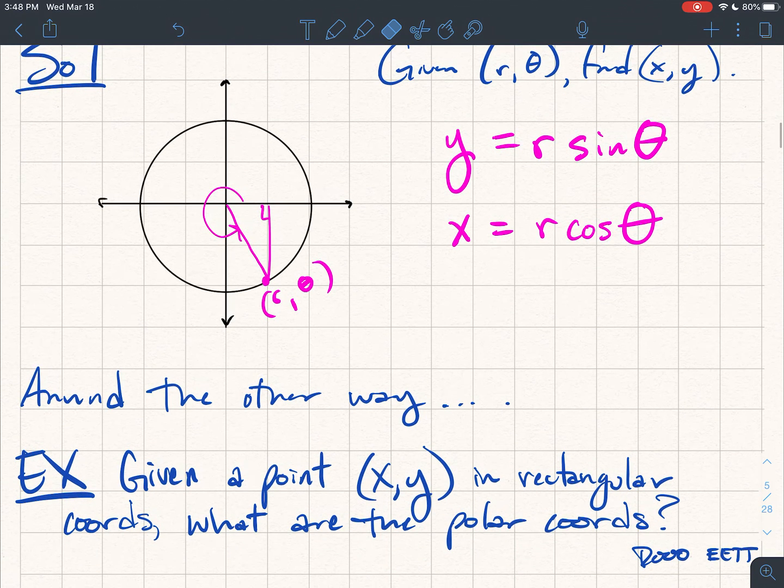So we want to do the other way, too. If we're given the x and y, how can we switch to polar? So go ahead and give it a shot. Take a wild guess. Pause the video, try to work it out. And we've got a couple hints too that I'll scroll down. So pause, work it out, come back, unpause, get a hint, go back and forth.